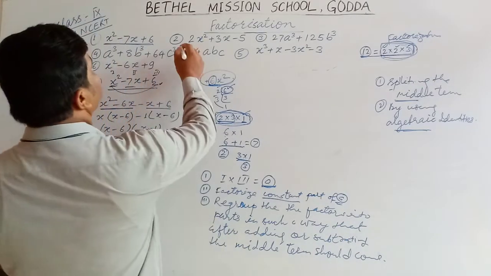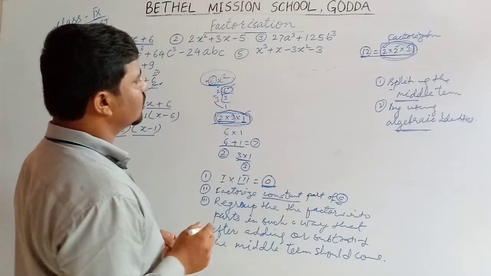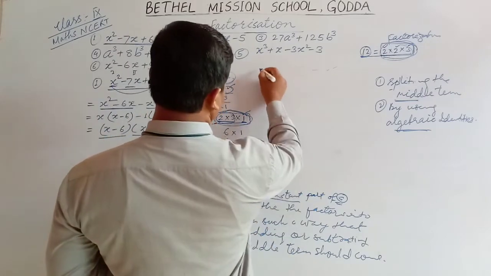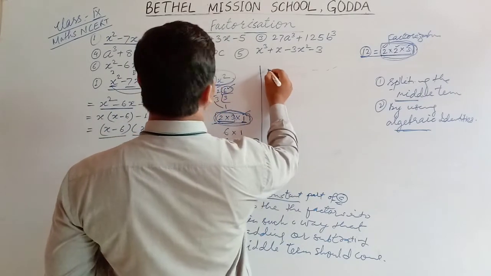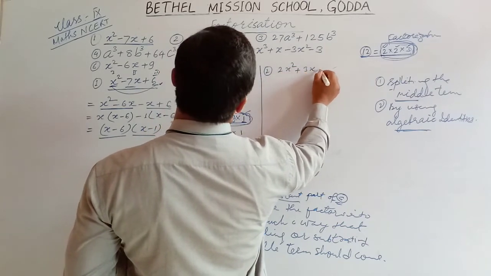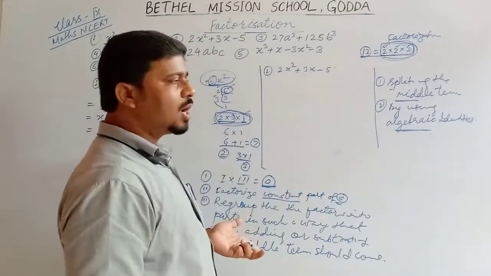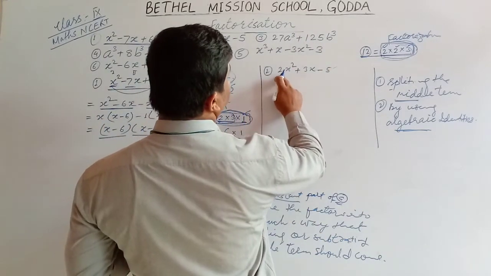Okay. Now next question. The next polynomial is 2x square plus 3x minus 5. So how do you factorize this? Step 1, multiply the beginning and last term.